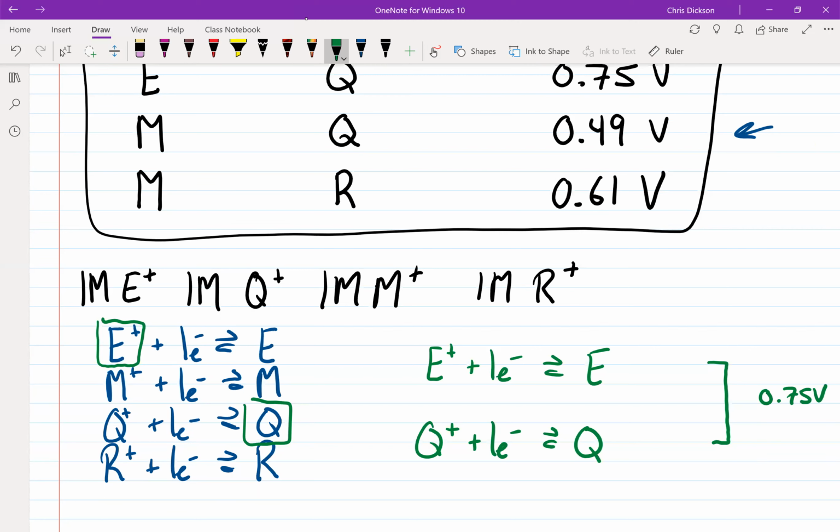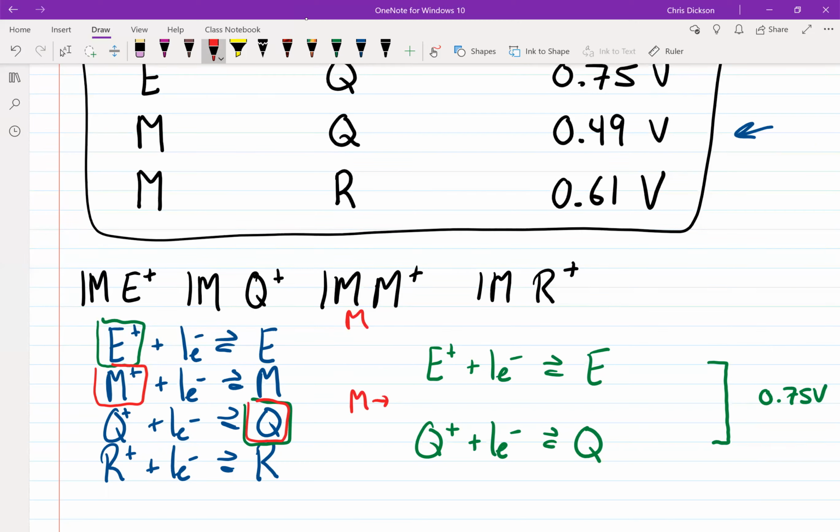Okay, so now let's move on to M. I'm told that M undergoes reduction and Q undergoes oxidation, which means the M reaction, once again, has to be above the Q reaction. So now what I need to figure out is, is the M reaction here like it is on this table, or could it even be higher than the E reaction?